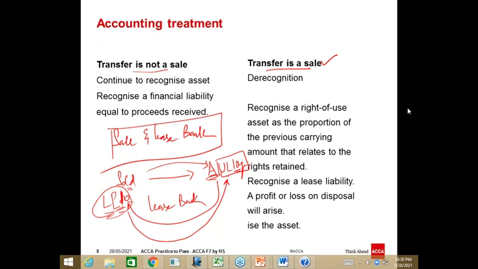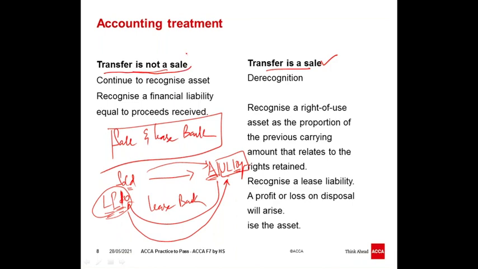We have sold the asset, but leased it back with the same lease period as the useful life of the asset. So effectively the control of the asset is still left with the seller. So that's why we can say that you have sold the asset apparently, but this transfer of the asset is not a sale transaction.